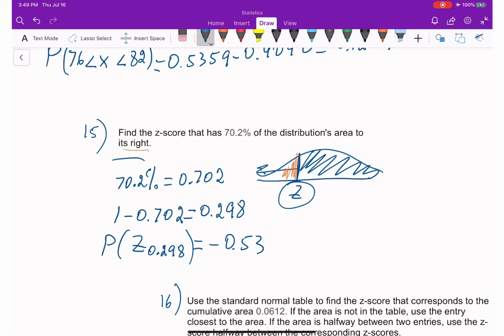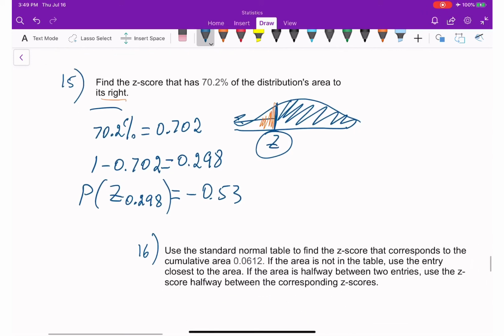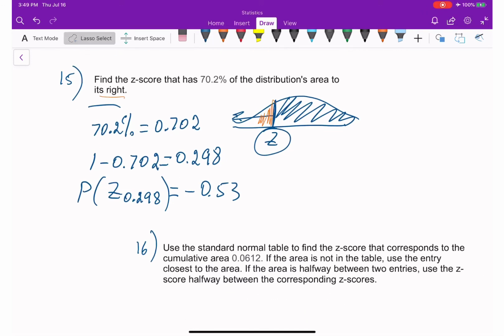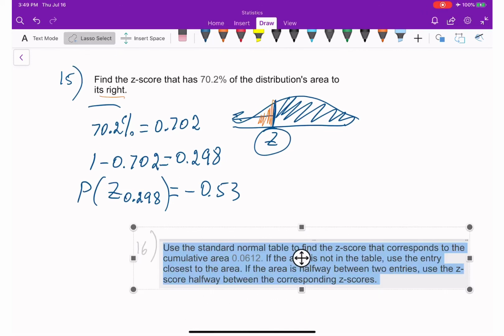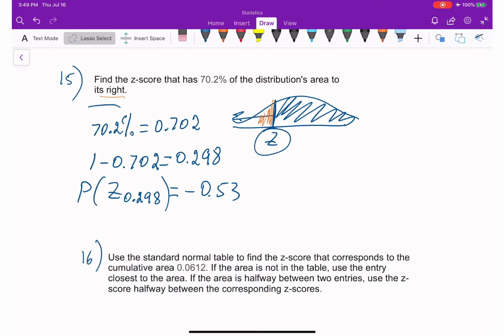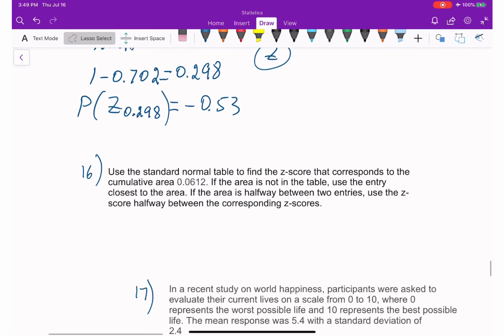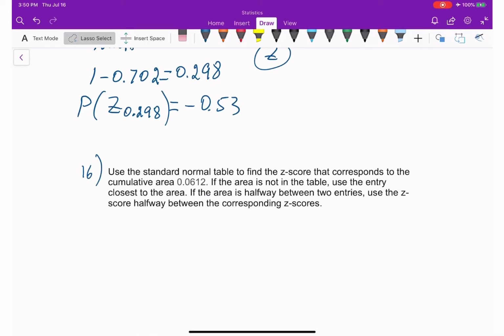Okay. Next. Question number 16. Use the standard normal table to find the z-score that corresponds to cumulative area 0.0612.